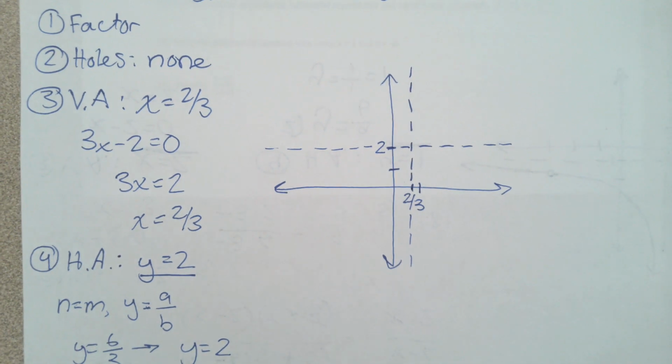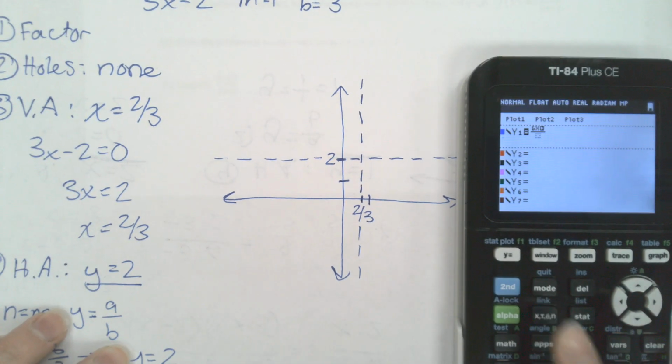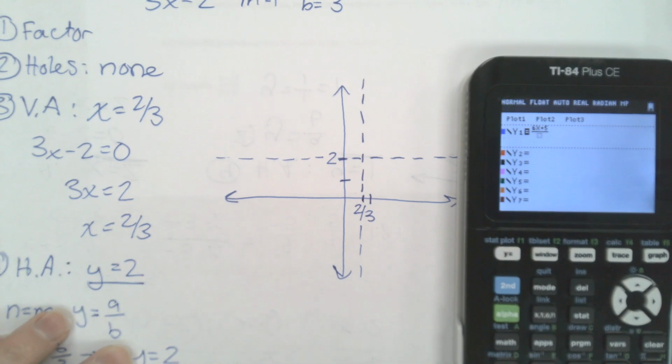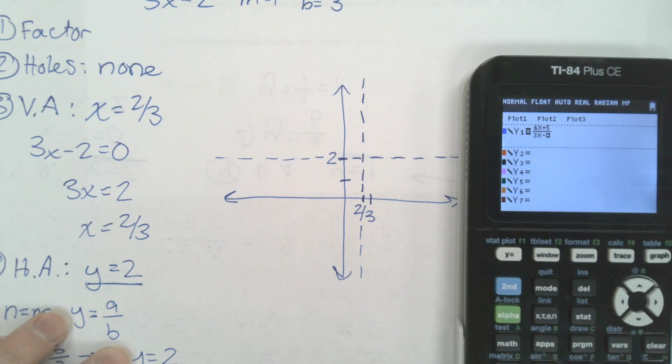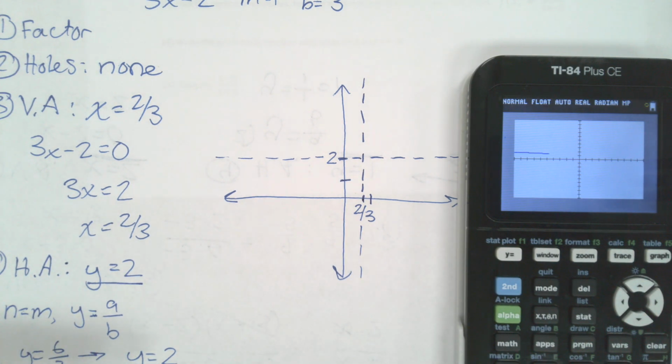To get the rest of the graph filled in, you just need your calculator. Graph 6x plus 5 over 3x minus 2. Yep.